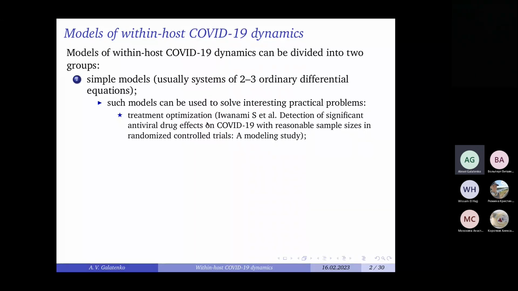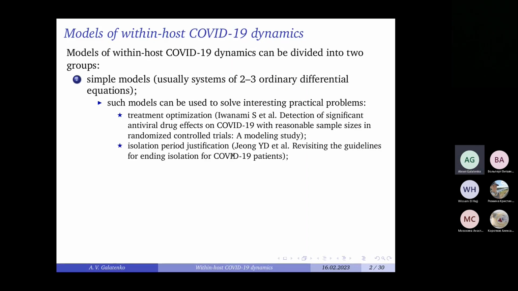For instance, in the paper by Iwanami and co-authors, the authors performed the comparative analysis of treatment efficiency. They used the mathematical model to find out when to give treatment and what treatment is optimal for COVID-19.